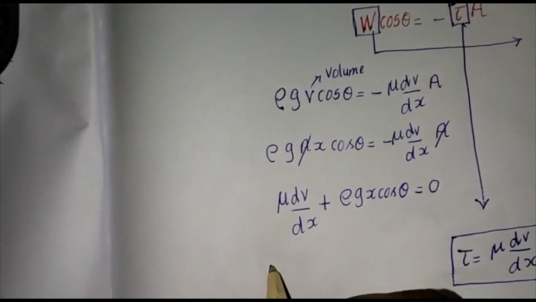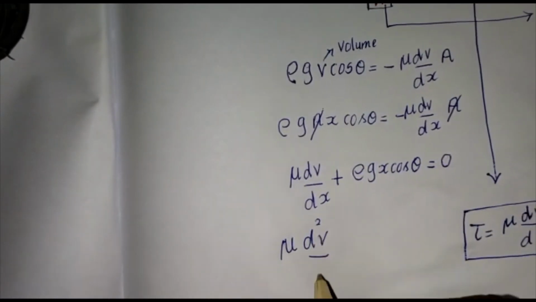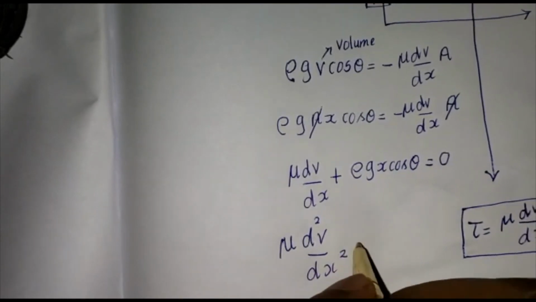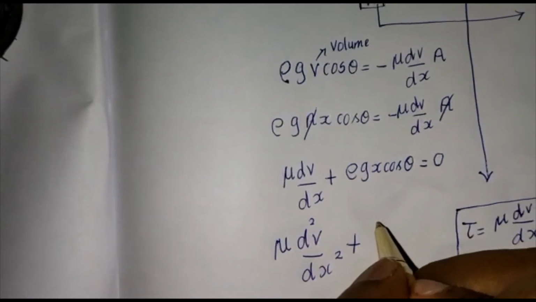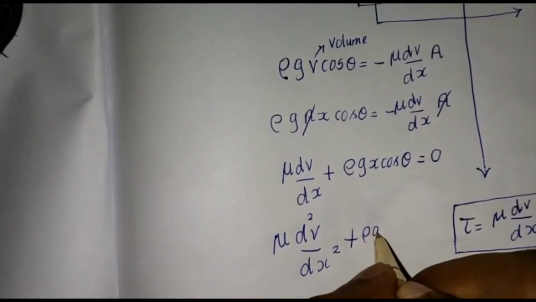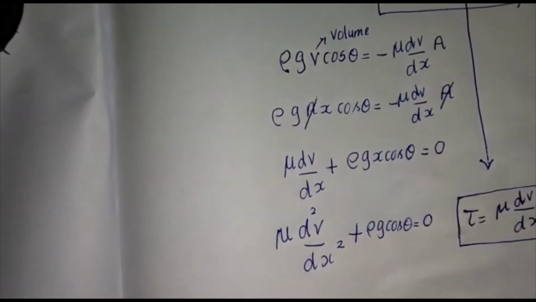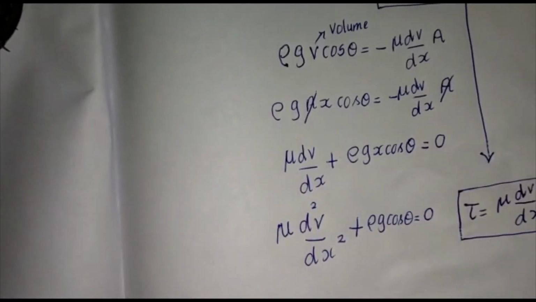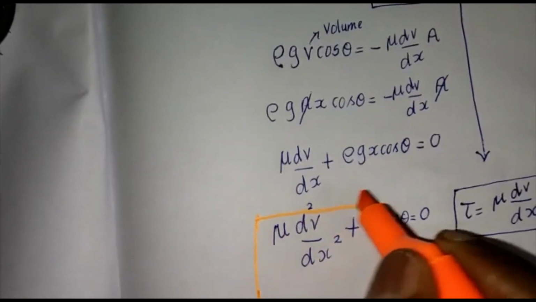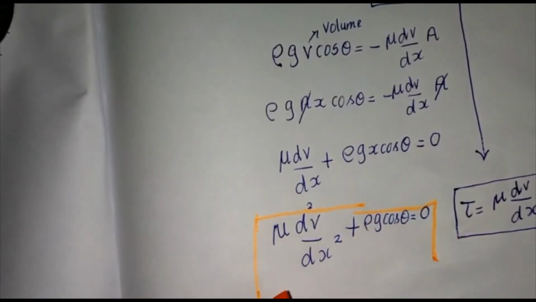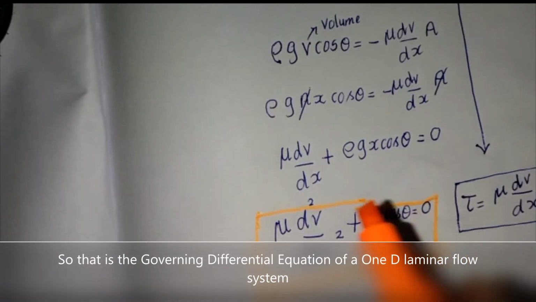You will be getting mu into d squared v by dx squared. Differentiation of x with respect to x becomes 1. So it is plus rho g into cos theta is equal to 0. That is the governing differential equation. That is the governing differential equation of your one-dimensional laminar flow.